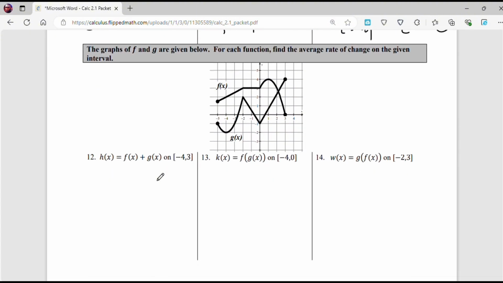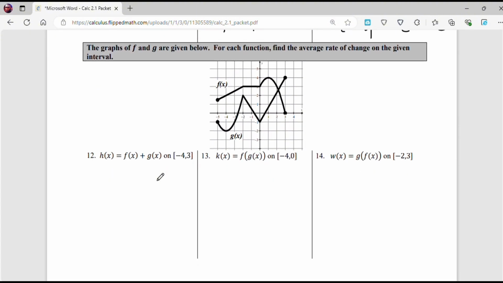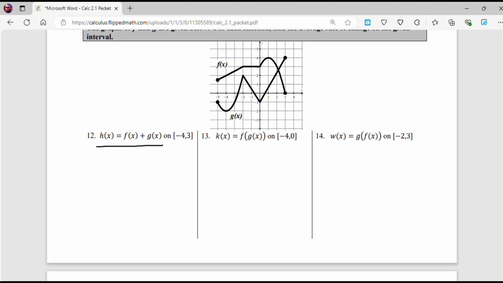So here it gets a little bit more involved, but again, the concept is the same. We are given the values on the graph, but now we have a little bit more work to do. So here, we actually want to set up these little information bits so that we don't get confused. Okay. So h of x is f of x plus g of x.